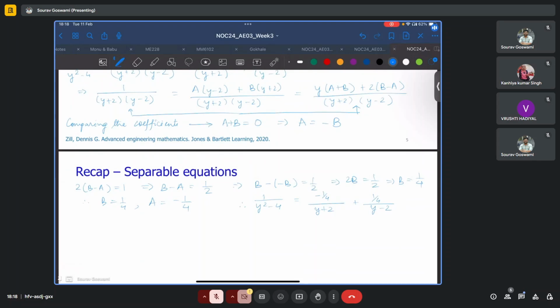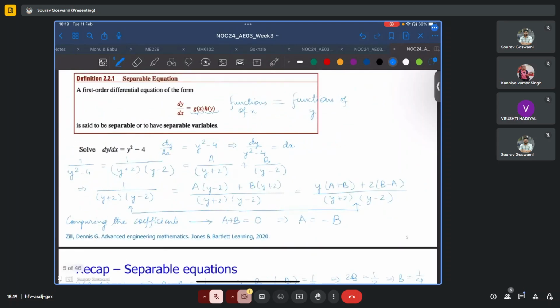So then our original ODE transforms as minus 1/4 by (y plus 2) dy plus 1/4 by (y minus 2) dy equals dx.